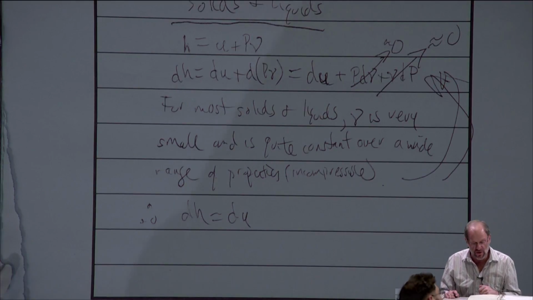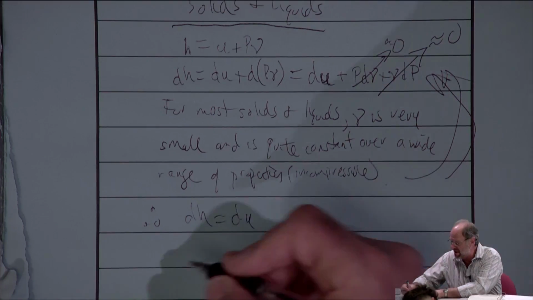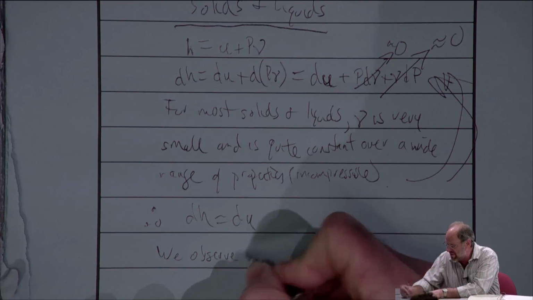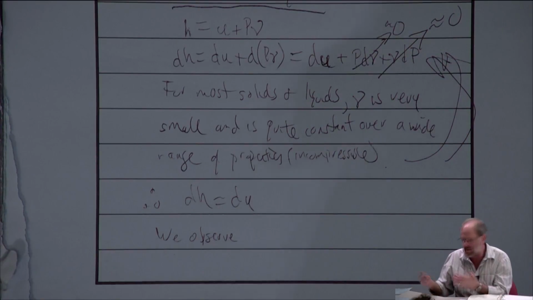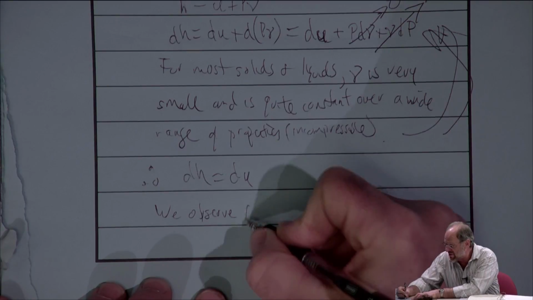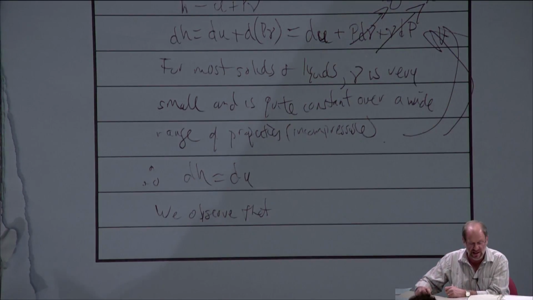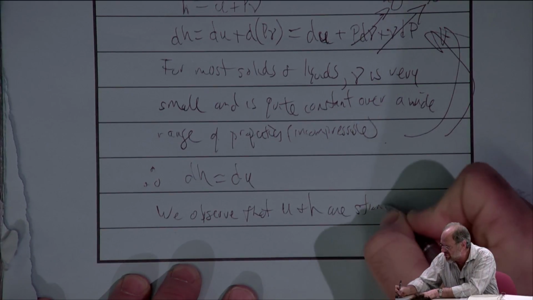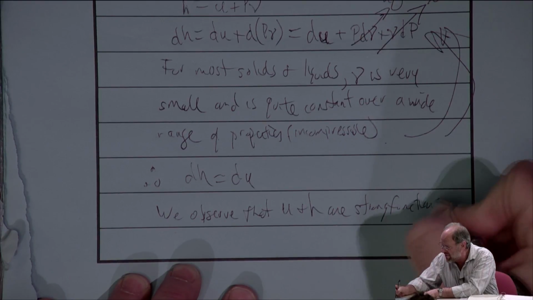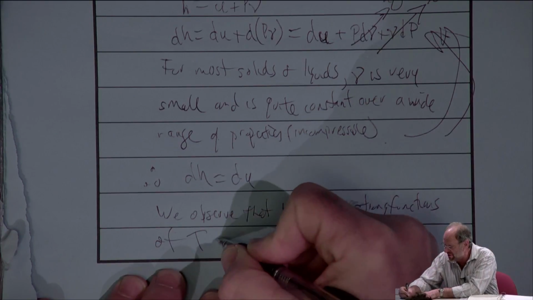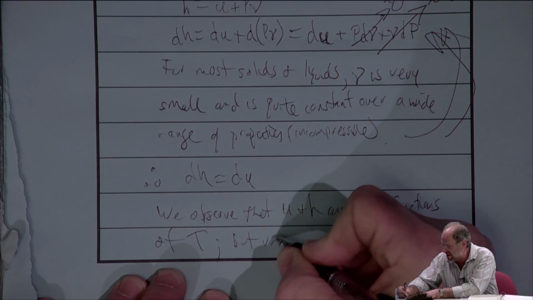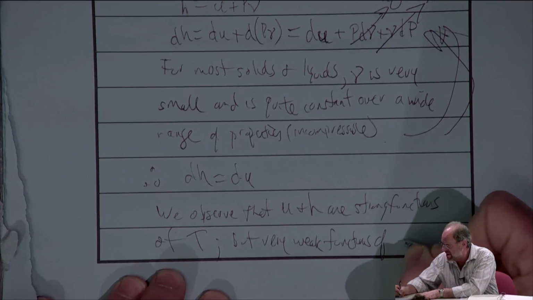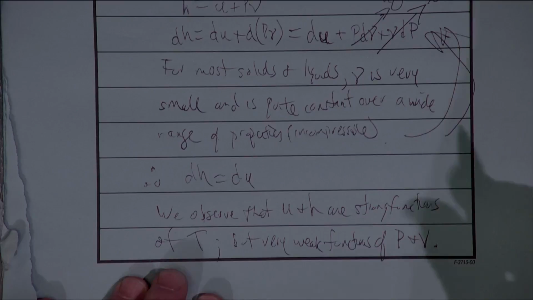We know something based on observation about specific heats. So we observe, or maybe I should say by empirical analysis, but we observe is fine, that again, for solids and liquids, U and H are strong functions of temperature, but very weak functions of pressure and volume.